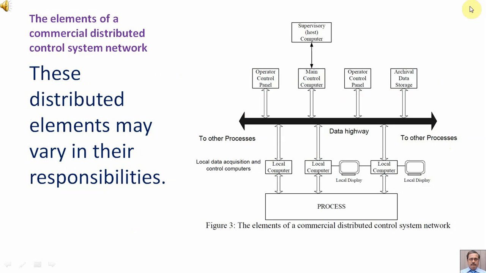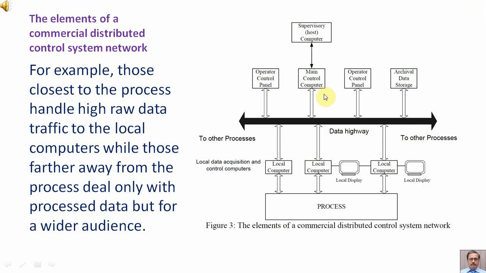These distributed elements may vary in their responsibilities. For example, those closest to the process handle high raw data traffic to the local computers, while those farther away from the process deal only with process data but for a wider audience.